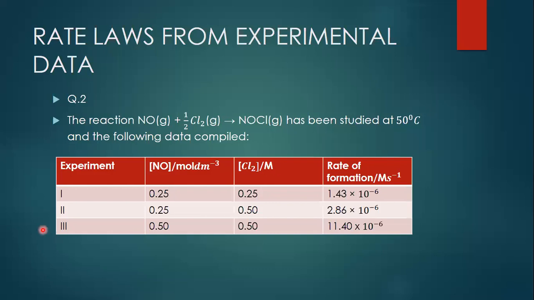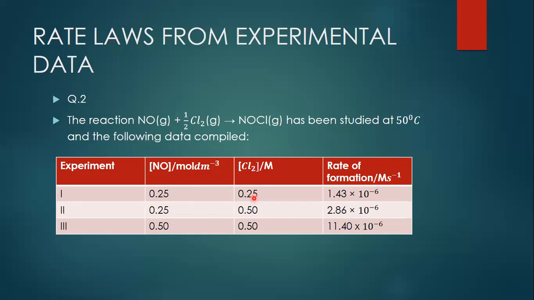our answer. So we have 3 various experiments here, and you can see we are talking about the concentration of the reactants here, and then the rates at which the products are being formed. Okay, so with the first experiment, the concentration of the reactant is 0.25 mole per dm cube.